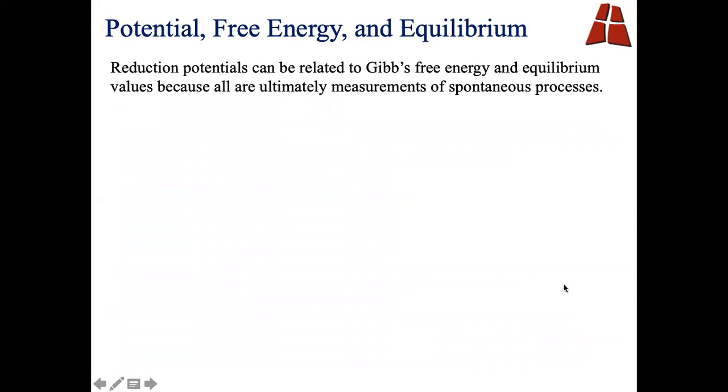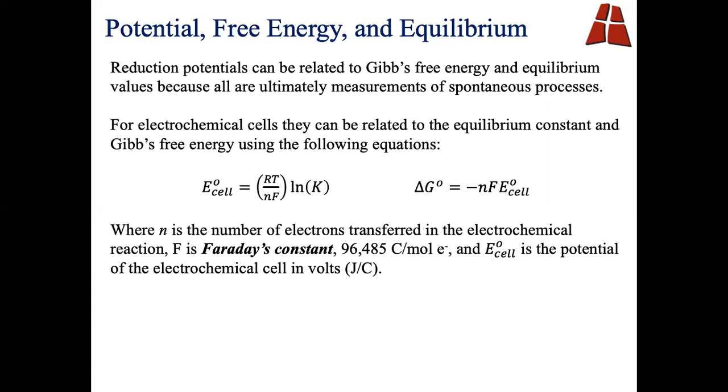To put a nice bow on everything, our reduction potentials can be related to our Gibbs free energy and equilibrium values because they are all measurements of spontaneous processes. We have these 2 equations where we can relate the potential of our cell to our equilibrium constant K by relating it with R and T, which are our ideal gas constant and temperature in Kelvin.